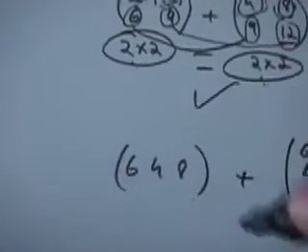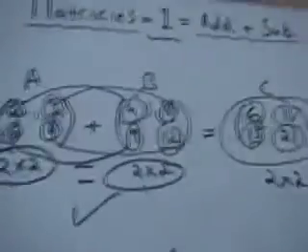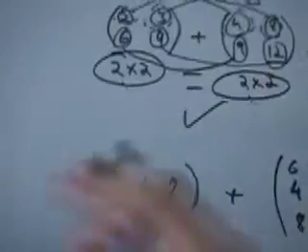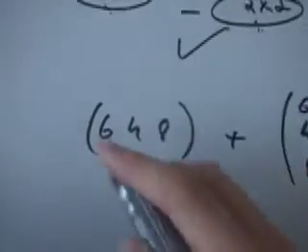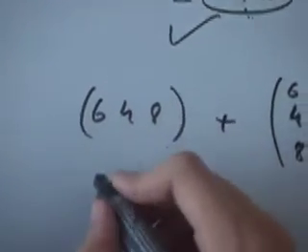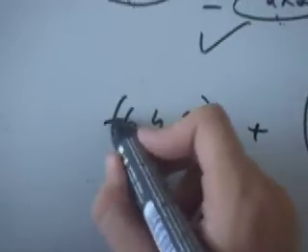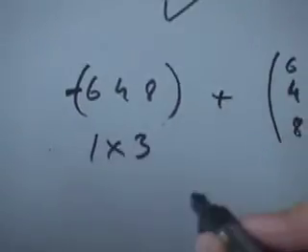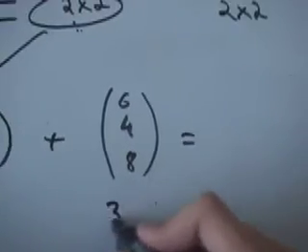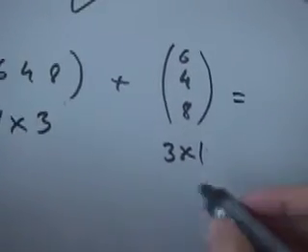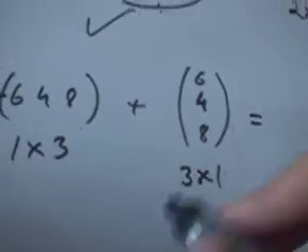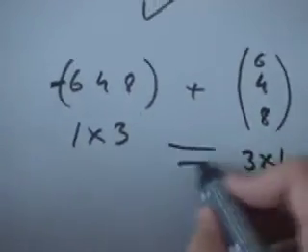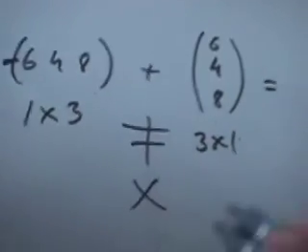If you haven't looked at that last module, please go back and look at it. It explains how you find the orders properly. I'm not going to go through it again here. This is a row vector. It's got one row, 3 columns, 1 by 3. This one is the opposite, a column vector, 3 by 1. Are they the same? No, they're not, so it's not possible.